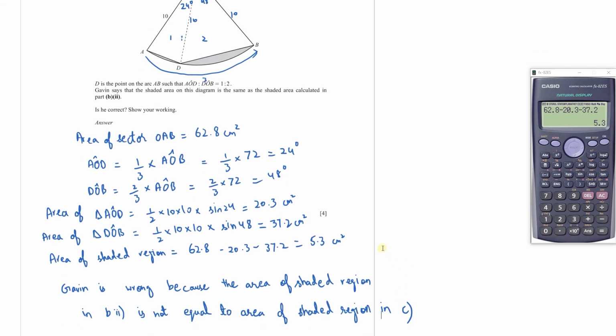So this is the end of paper 2, variant 2 for May-June 2017.